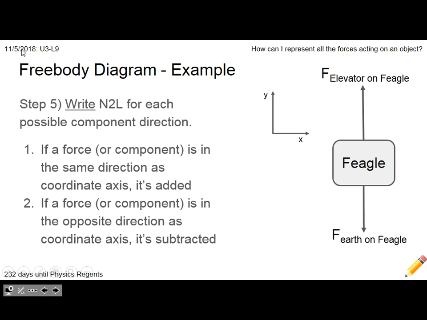By the end, every single one of your forces will either be added or subtracted, either in the x direction or the y direction. Kind of like a checklist. Oh, the force of the elevator is plus y. The force of the earth is minus y. And then once you've done all the forces, you can do the adding part.